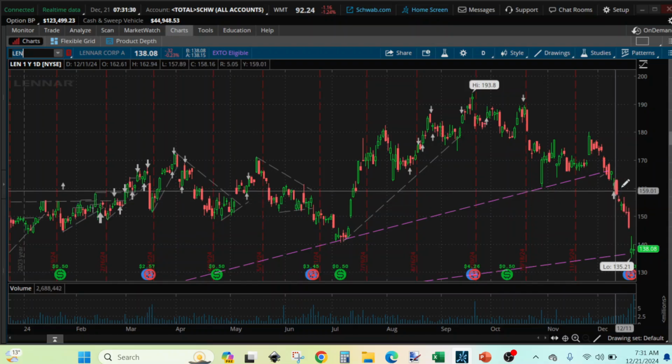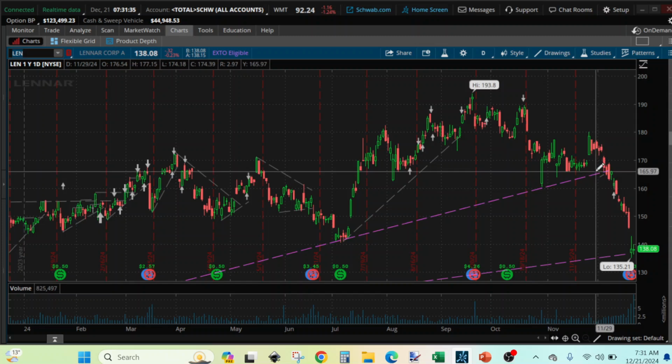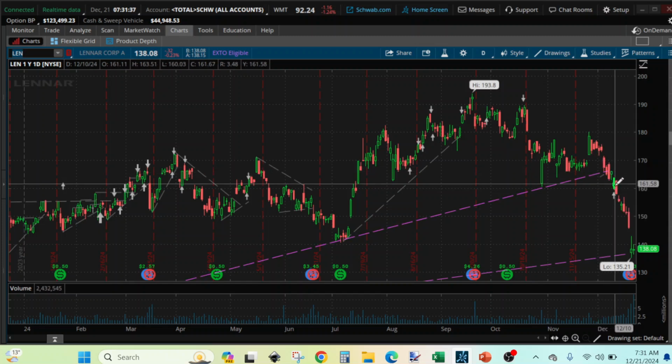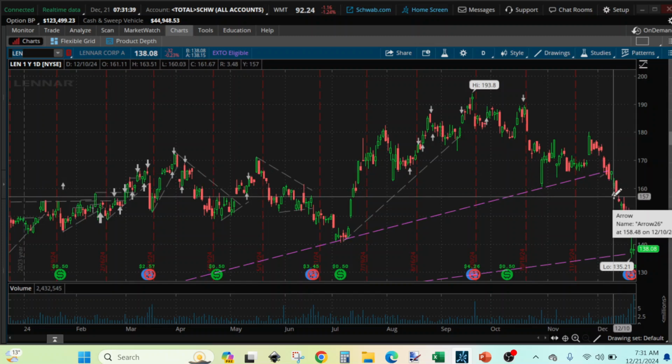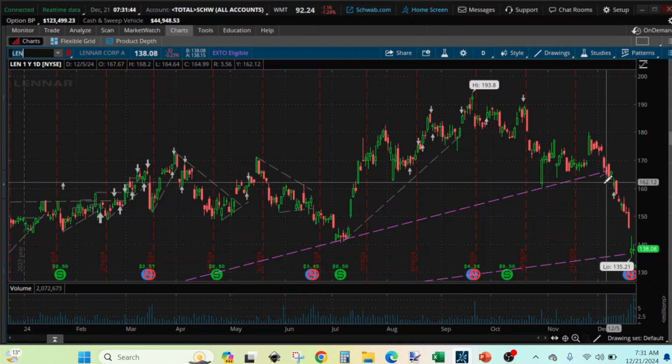Okay, so LEN, we are aiming to buy at that line, and it pulled back, and we got in without having an uptrend confirmation here.